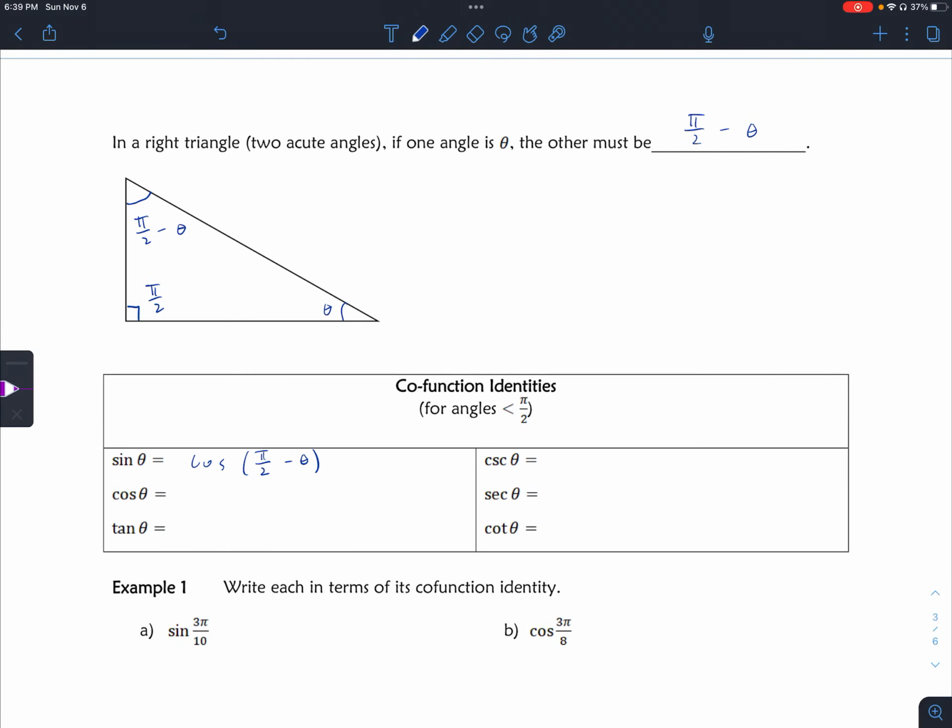Now, for cosine of theta, that would be sine of pi over 2 minus beta. So very similar to the other one.